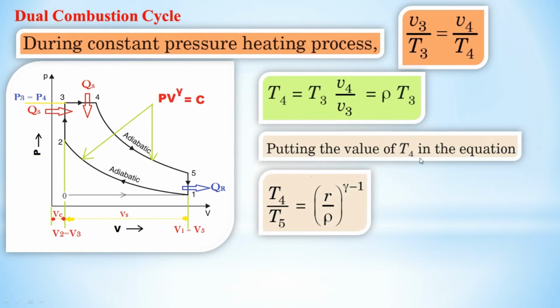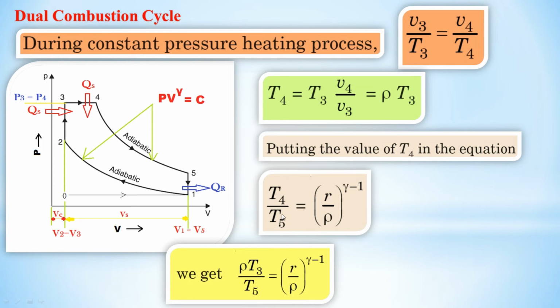Putting the value of T4 in the equation T4 by T5 equal to r upon rho raised to gamma minus 1, which we have already derived in the previous slide. In this equation we put the value of T4 equal to rho into T3. So we get rho into T3 by T5, with T5 remaining as it is, equal to r upon rho raised to gamma minus 1.